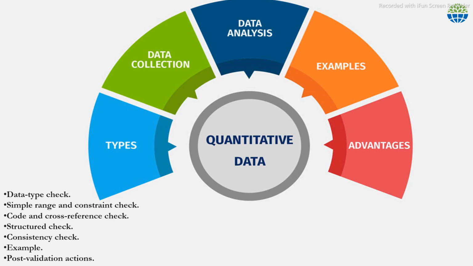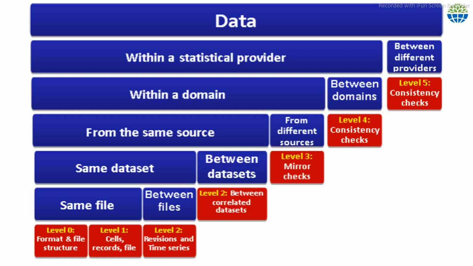So for quantitative data, we have to check the type of data, data collection, and data analysis. We have to check with other examples and case studies, because quantitative data analysis validation is more acceptable than qualitative. Here you can take the example of the levels we discussed in the previous slide.